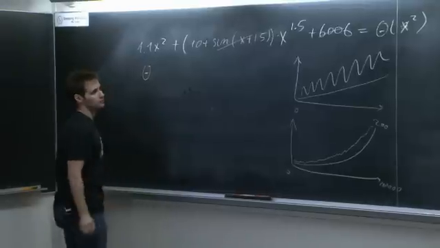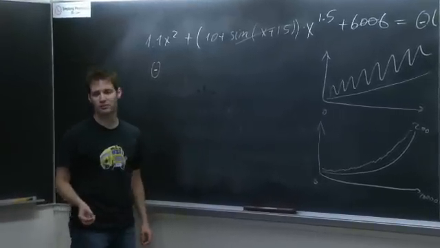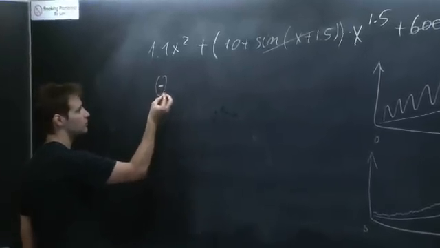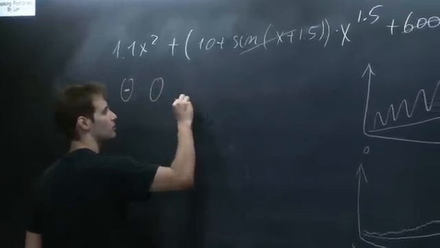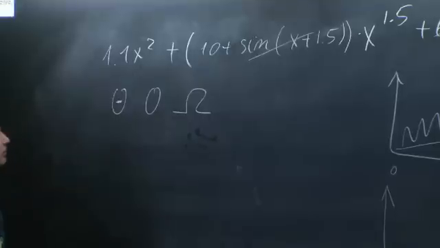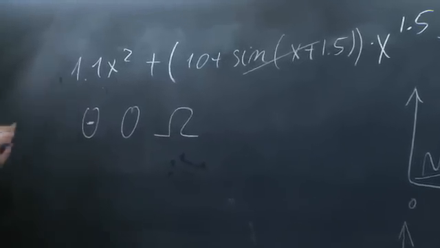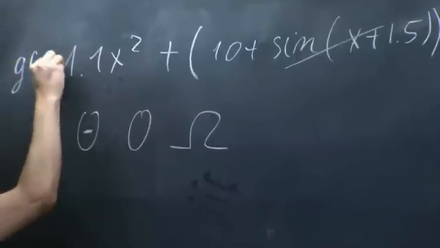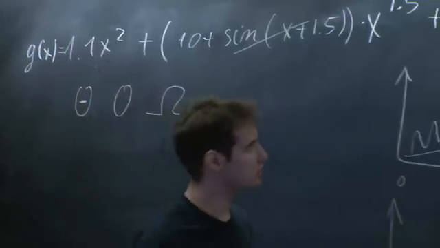So we learned about 3 symbols, or we will learn about 3 symbols when talking about asymptotic complexity. The 3 symbols are theta, O, and omega. Let's say this complicated function is g and this nice simple function is f.